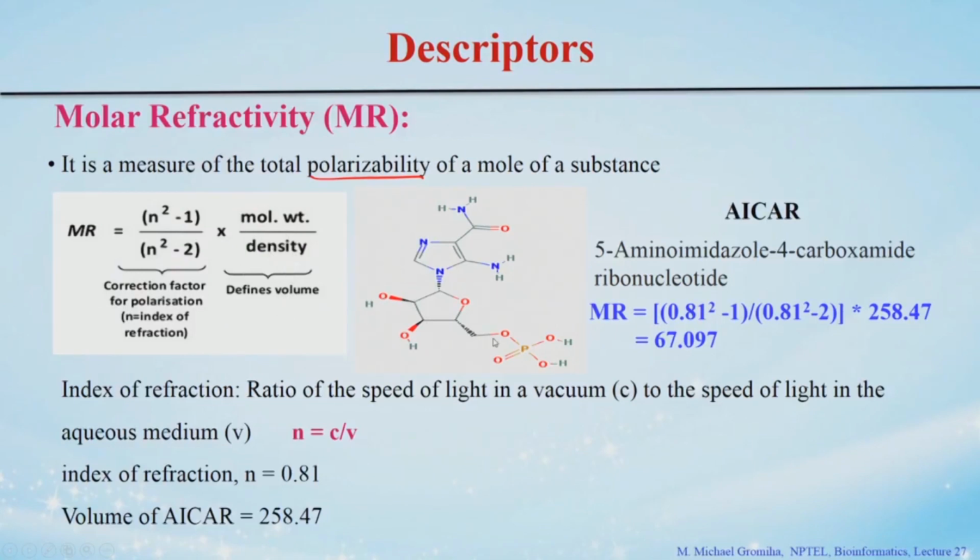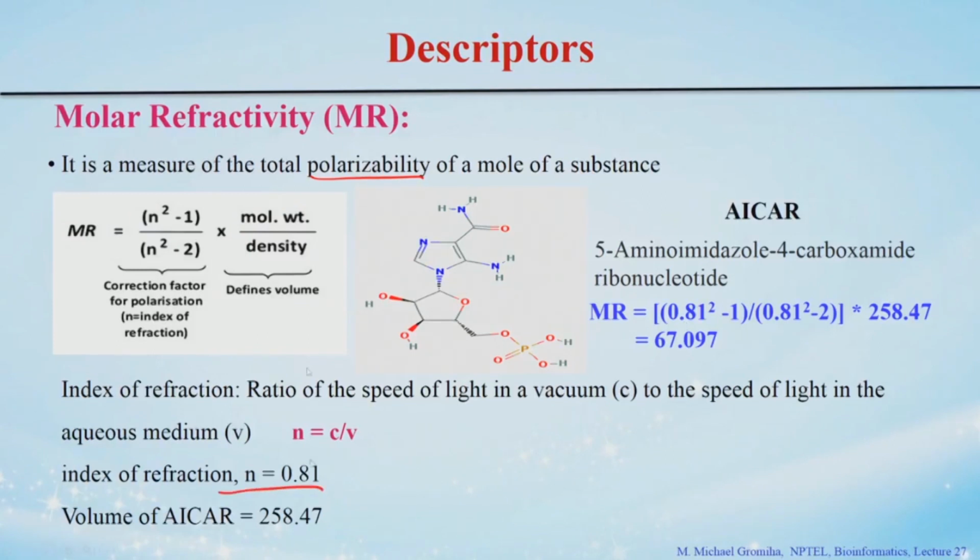So, take this compound, AICAR, which is aminoimidazole 4-carboxamide ribonucleotide. You can say n equals 0.81 because the index of refraction is known for all the compounds.